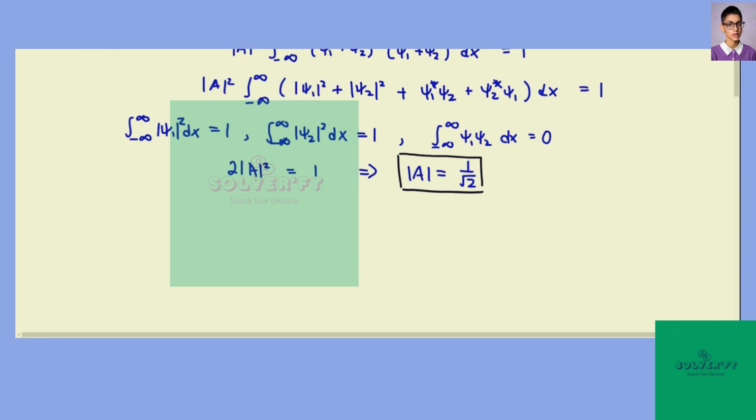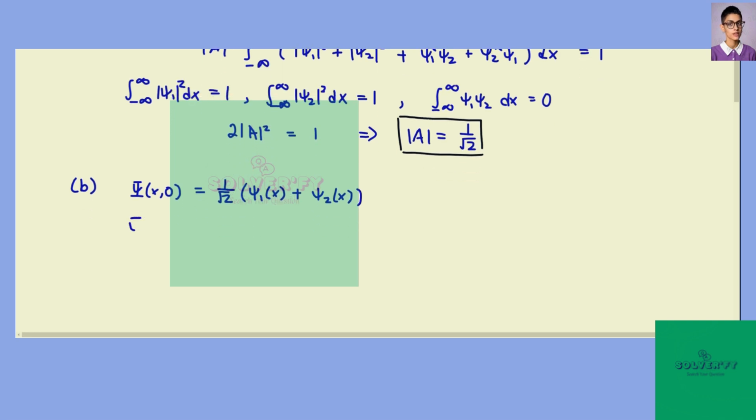In part B, we want to find the wave function in time and also the probability density at time t. We are given this initial wave function, and we want to find the wave function at time t.